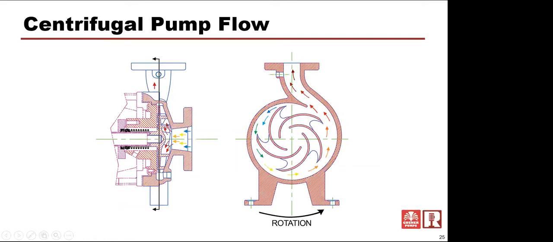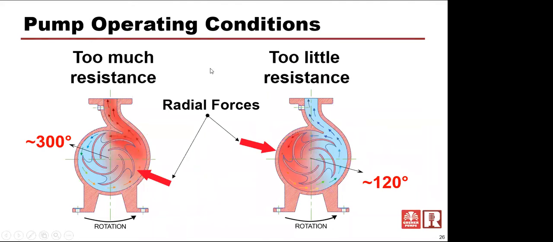Well, if we created a situation where we have too much resistance on this pump, in other words, the valve up here is throttled too much, there's too much back pressure on it, the filter is dirty, filtration may be coming out of this thing. What happens is we created too much resistance here. The pressure is really building here. It can't get out the flow rate that it wants.